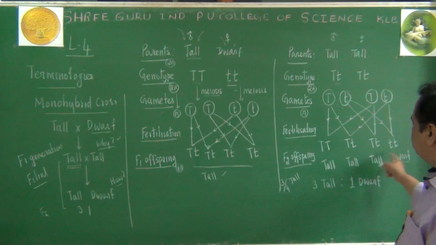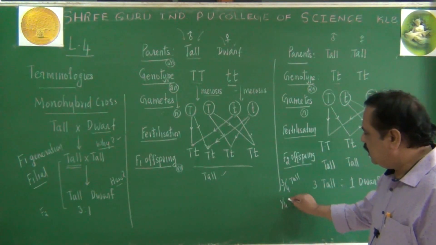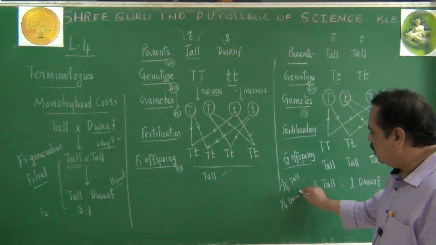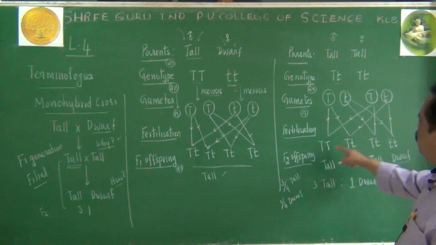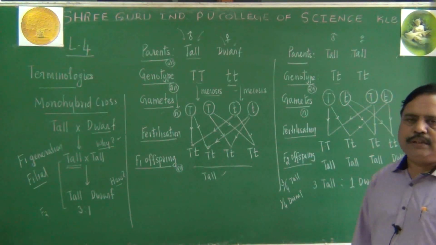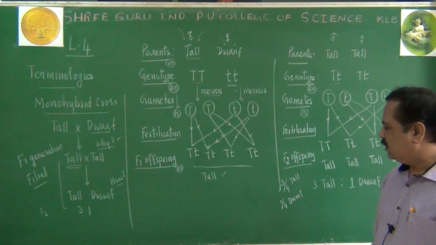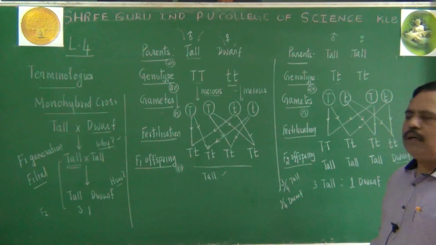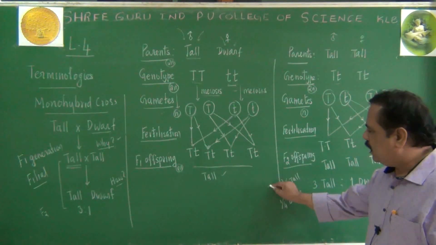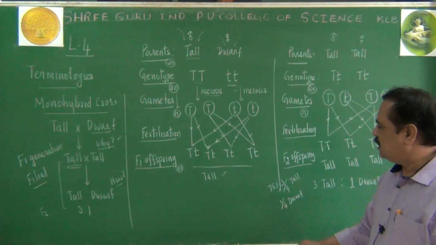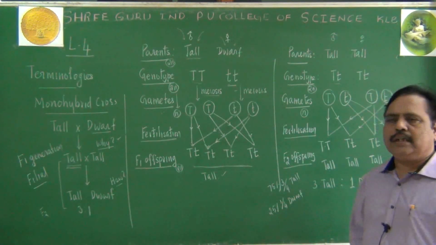Out of 4 individuals, 3 of them are tall. 1/4 is a dwarf individual. Remember this point. Only one out of the 4 is the dwarf individual here. So 3/4 are tall varieties, 1/4 are dwarf varieties. One more point is that 3/4 can be written as 75% and 1/4 can be written as 25% here.